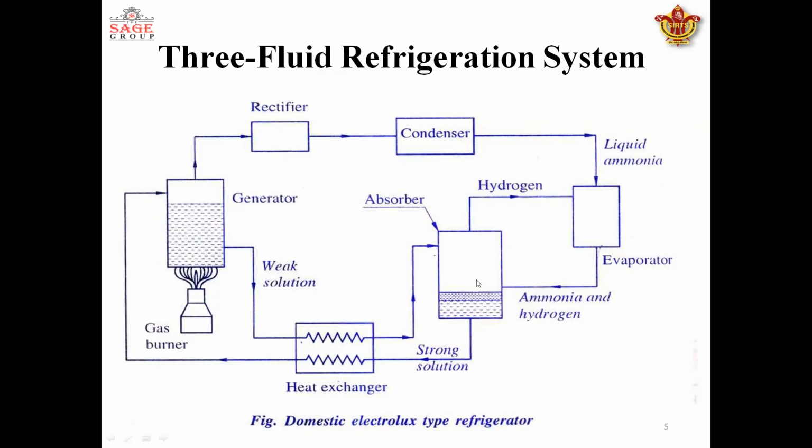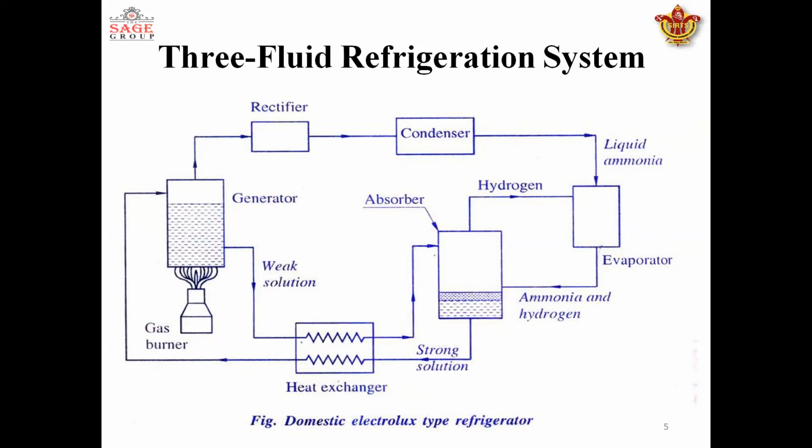And further, as you know, there is one heat exchanger we also used here, where the strong solution is passing towards the generator, and by absorbing the heat of the weak solution, it becomes hotter, and the weak solution is rejecting the heat, and the strong solution is absorbing the heat.